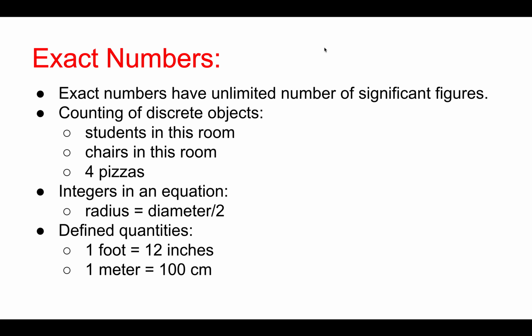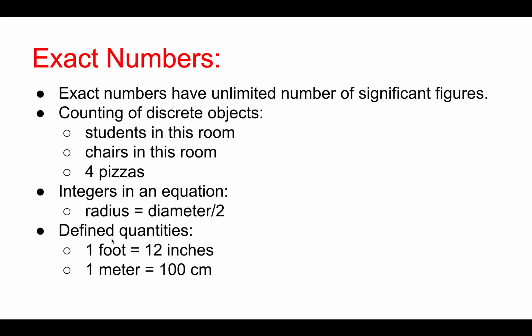All right, so exact numbers have an unlimited number of significant figures, so an infinite number of significant figures. Some examples are students in a room, chairs in a room, 4 pizzas. Integers in equations, for example, radius is diameter divided by 2. That 2 has an infinite number of significant figures.